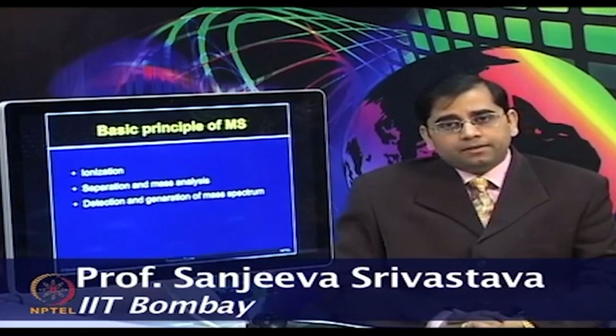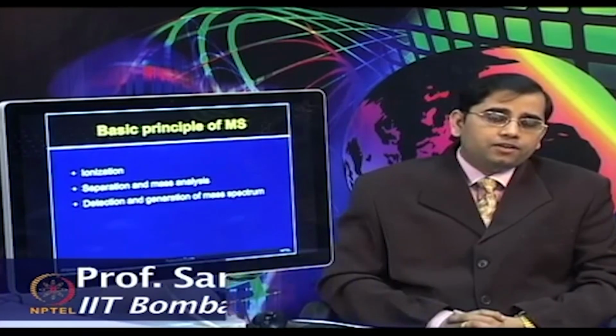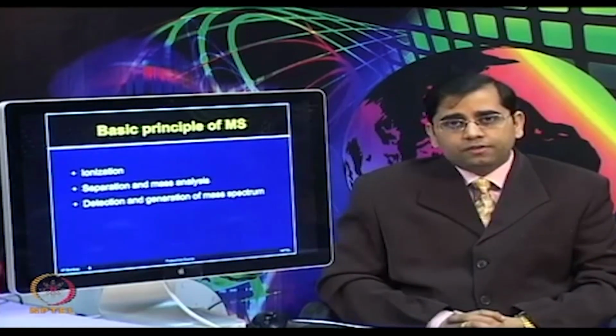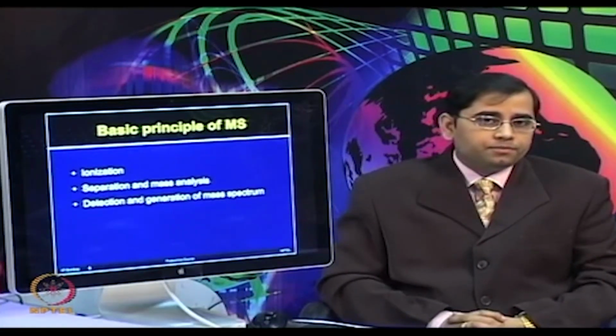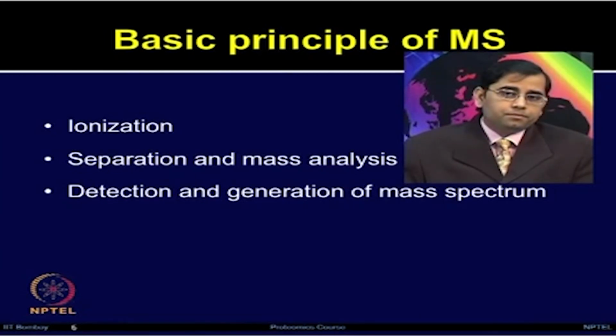The second step is separation and mass analysis of molecular ions and charged fragments on the basis of mass to charge ratio. The final step is detection and generation of the mass spectrum. These are the main steps involved in mass spectrometry operation.